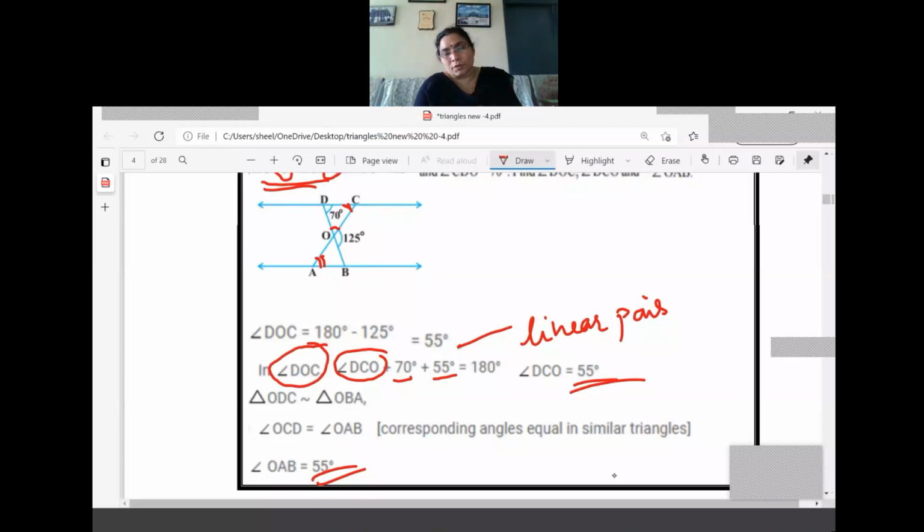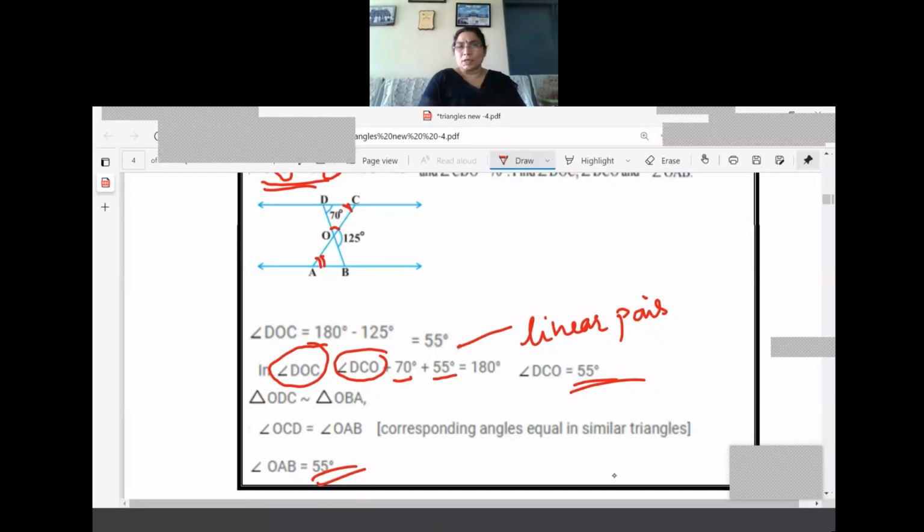Any other method can also be used, but the problem is that we should go only with reasons. You can expect this type of question in MCQs and so on. They give the diagram and ask the angle, and we can make a short note on the right side and solve it, right? So here we get the values: angle DOC equals 55 degrees, then angle DCO equals 55 degrees.